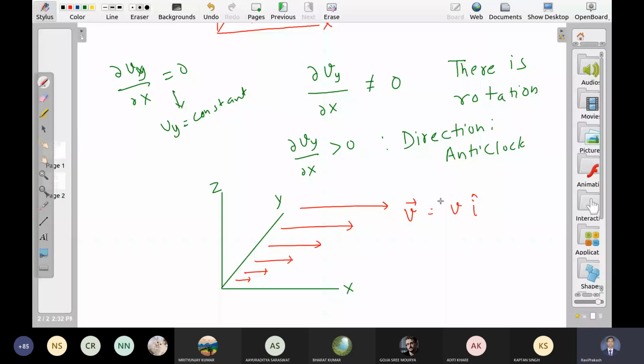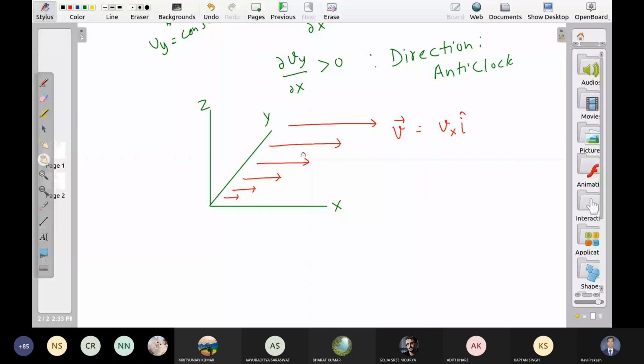If I put a pedal here, let us say I put a pedal somewhere here. What is the direction of rotation? Clockwise. Clockwise, right?